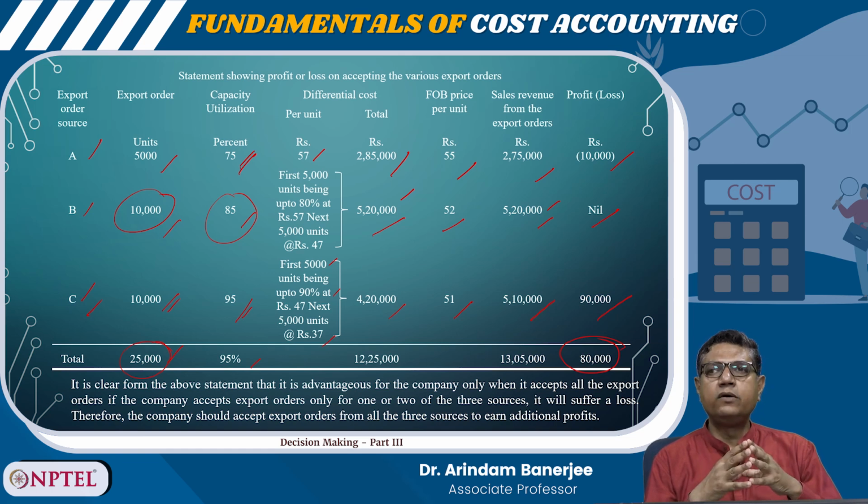Now, this incremental cost should be accompanied with an incremental revenue. So, the incremental cost and incremental revenue have to be compared. If this is positive, then prima facie we can accept these orders.